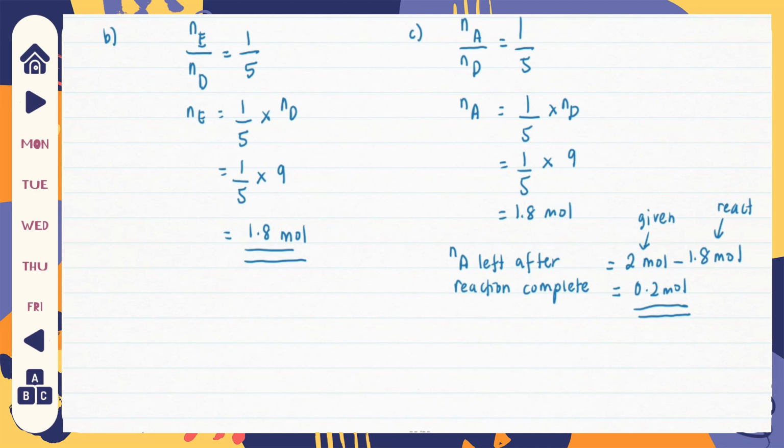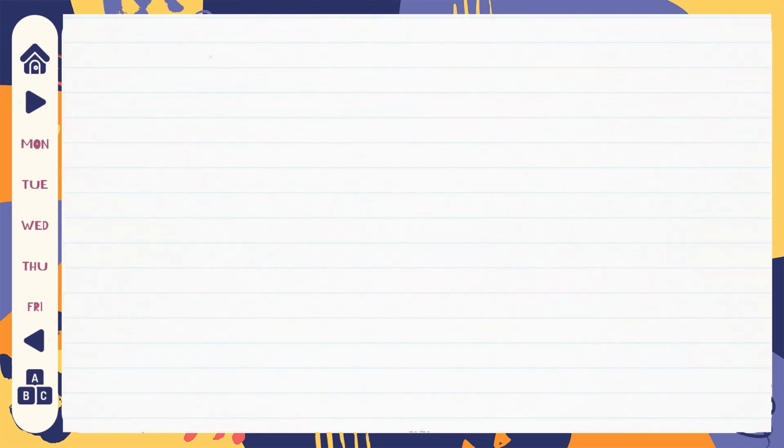So, itu sahaja video hari ini. Saya harap awak dah faham apa itu limiting reactant, macam mana awak nak compare. Lagi sekali saya kata, kalau kita summarizekan di sini, limiting reactant itu adalah reactant yang completely consumed.